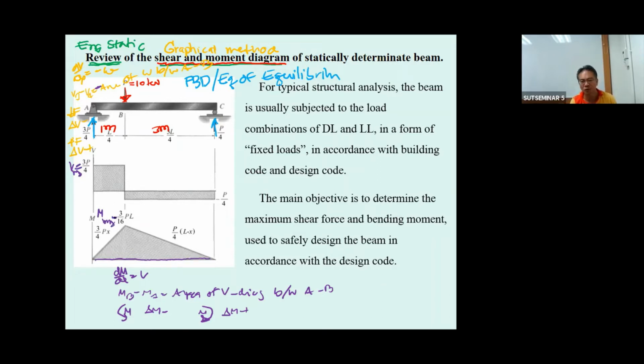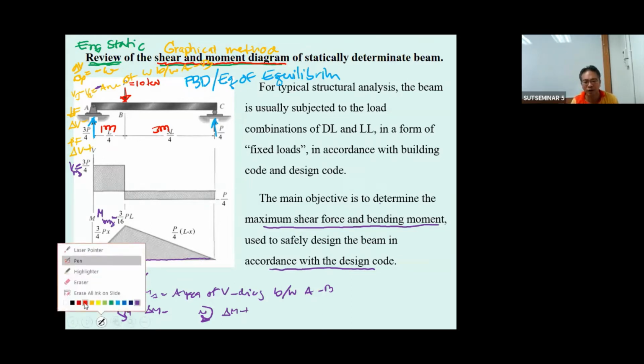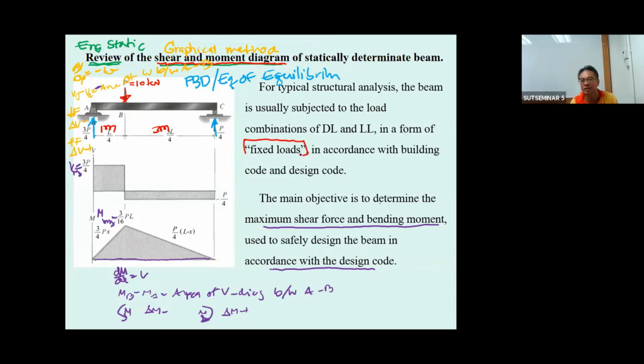Then you get the V max and the M max. You use this V max and M max to design the beam in accordance with the design code. This is the shear and moment diagram that we have. In this way, the load that we consider is the fixed load. This fixed load can be estimated from the dead load and live load, which follows the building code. When you were studying statics, the instructor gave this to you in the theory of structure also.